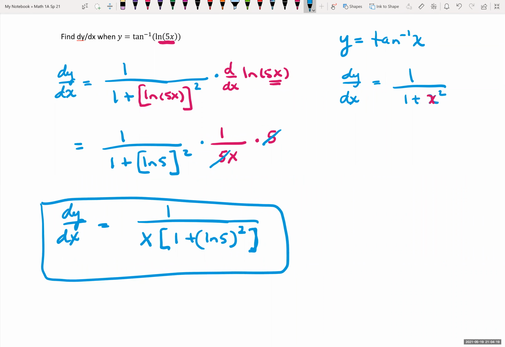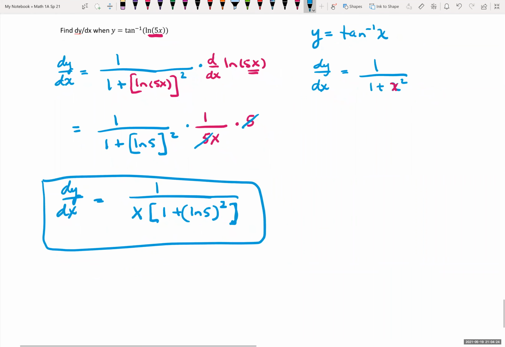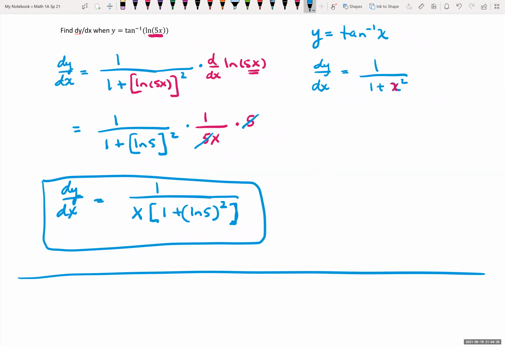The only difference between that one and test version A was this was still a tangent. It was y is equal to tangent inverse of the square root of 5x.